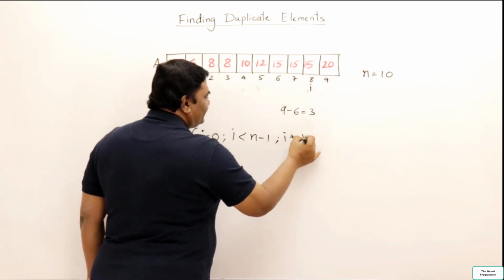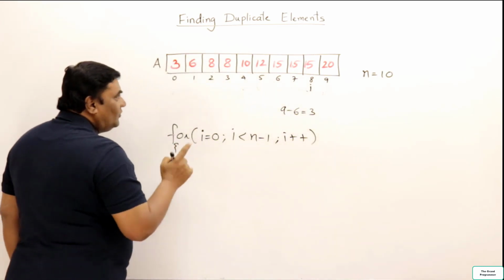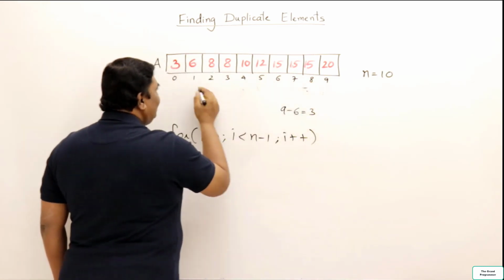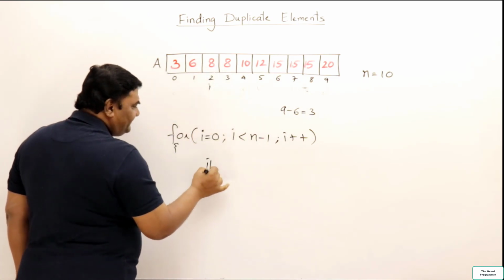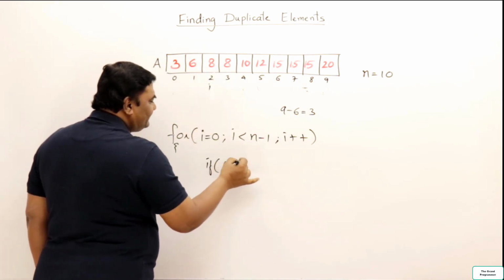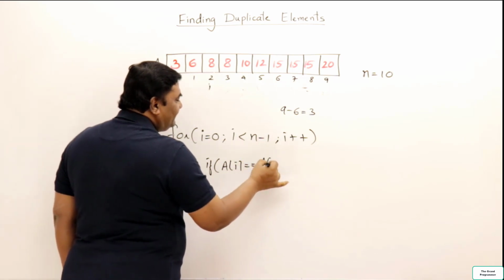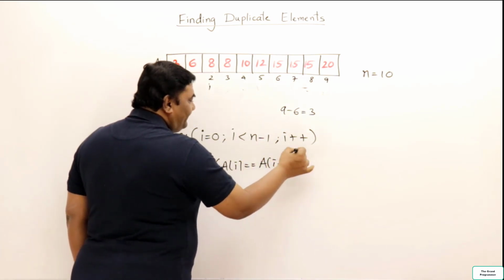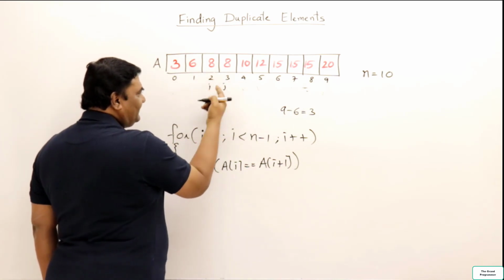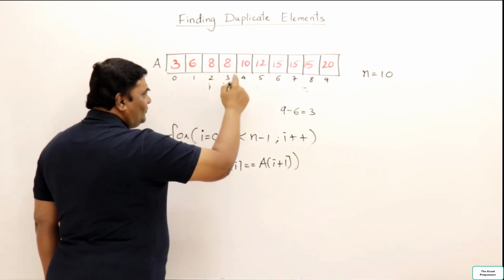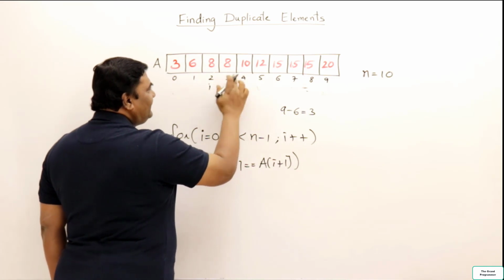Then i plus plus. Then what I should do? See, when i is here, I should see if the next element is same. So yes, same thing: if a of i is equal to the next element, that is a of i plus 1. If it is same, then I should start j from here and make it move until it finds a different element.